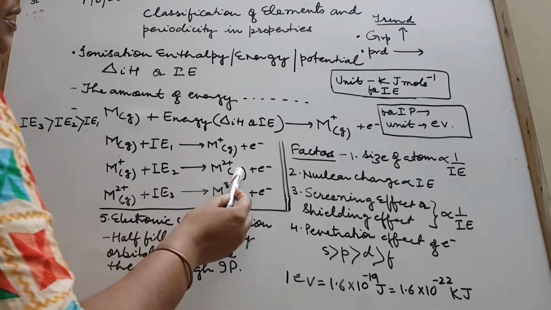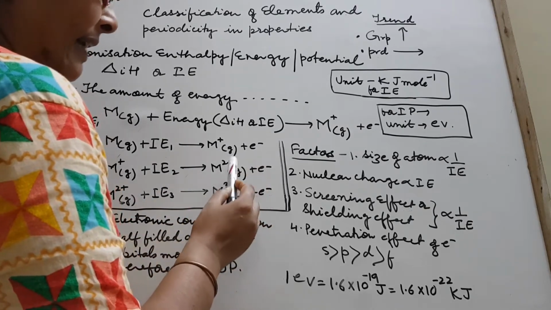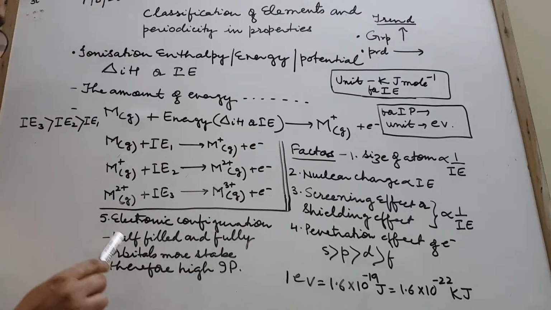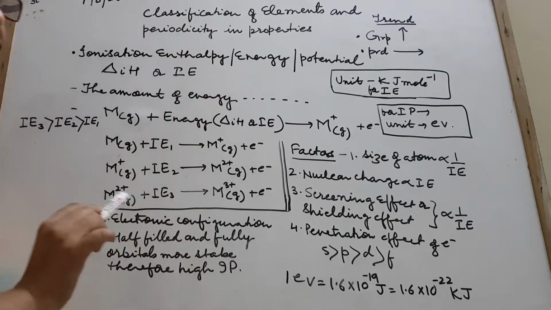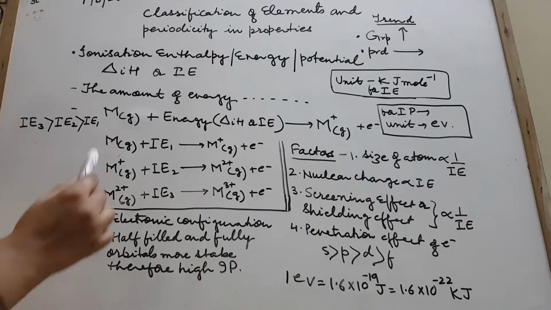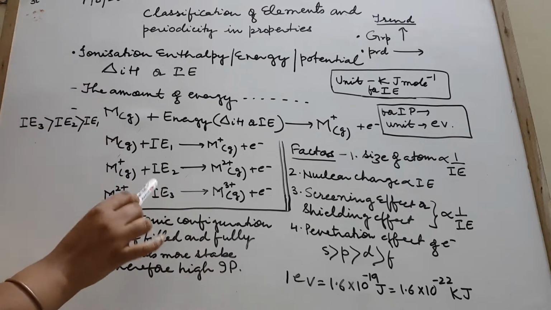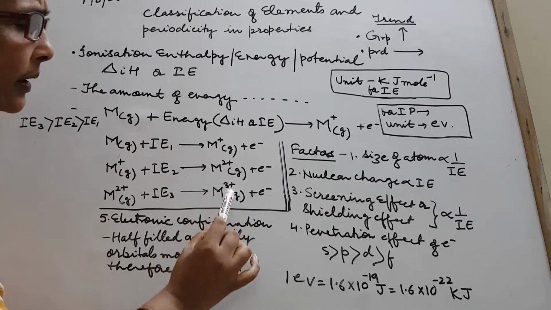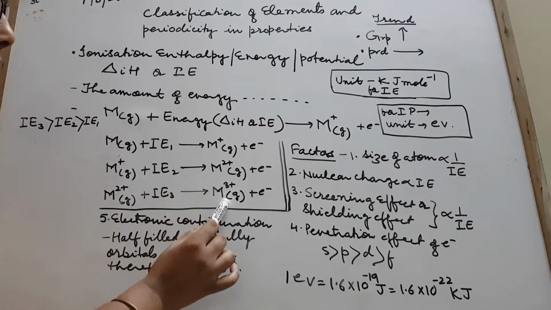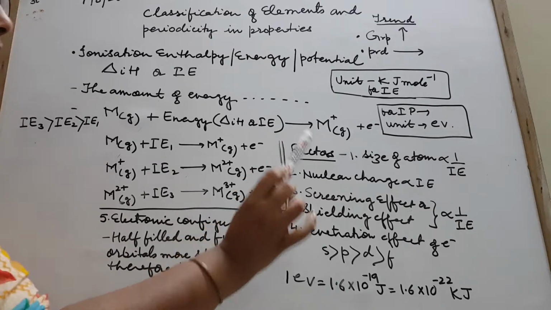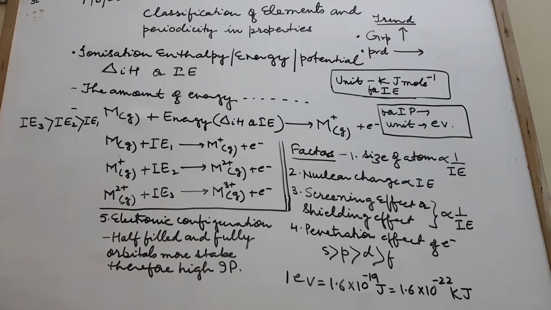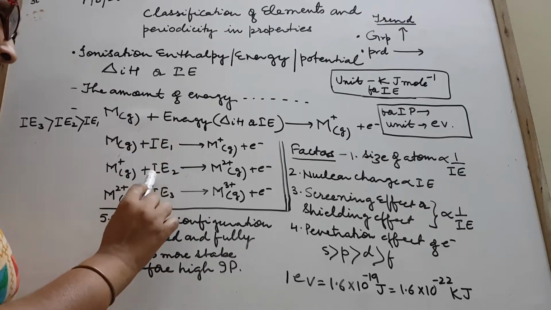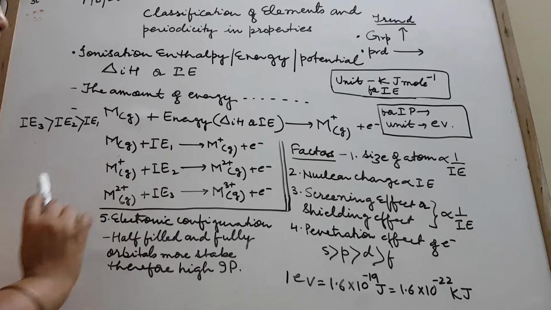This is again a gaseous cation, electron got out. Maybe again I supplied whatever energy was required, and from this gaseous cation it got converted to M3+, electron was given out. So in the first case we call it first IE, in the second case second IE, and in the third case third IE.